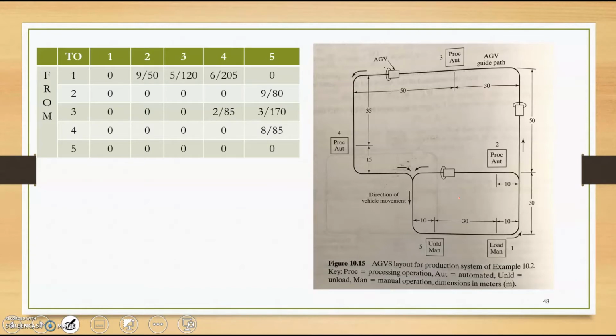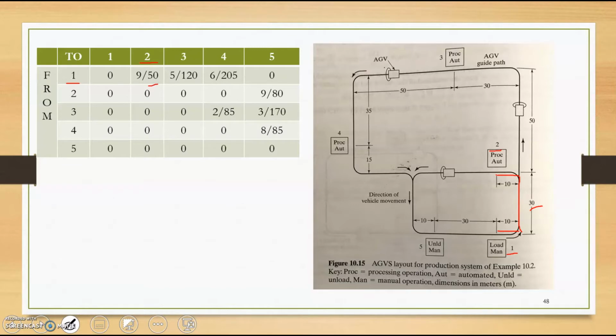The distance is calculated from the figure. For example, from 1 to 2, it travels 50 meters. From station 1 to station 2, it travels 10 meters here, plus 30 meters, and here plus 10 meters, so the total sums up to 50 meters.